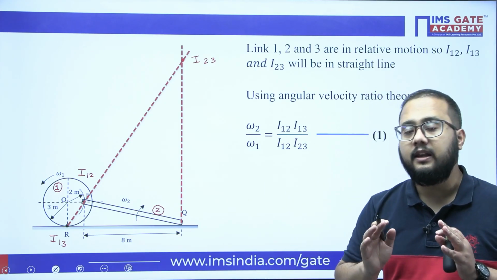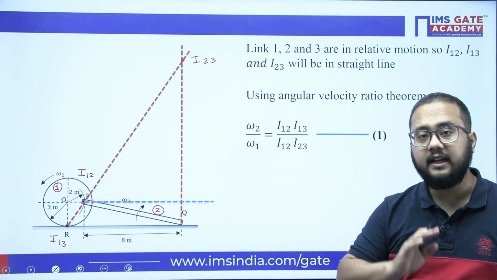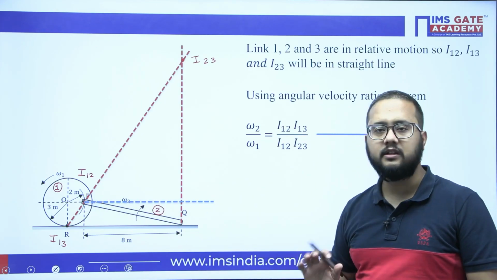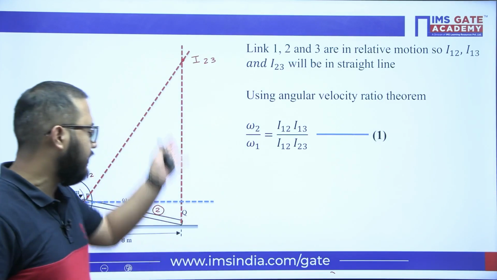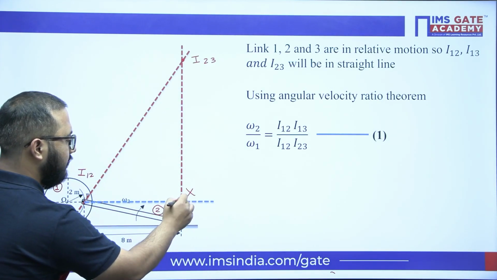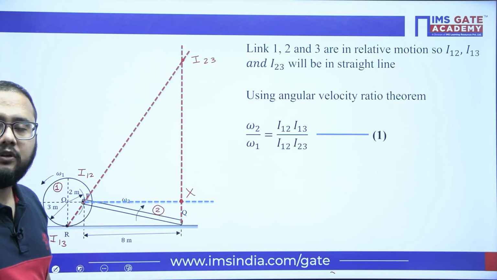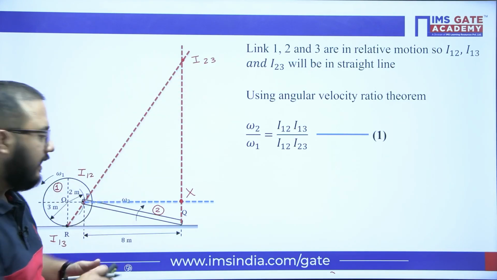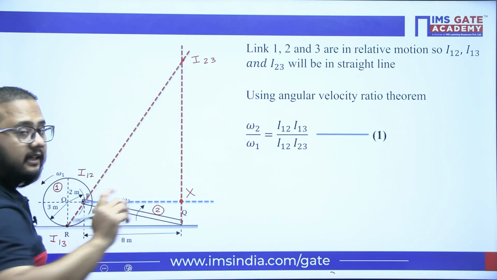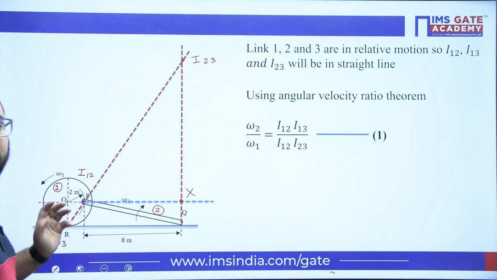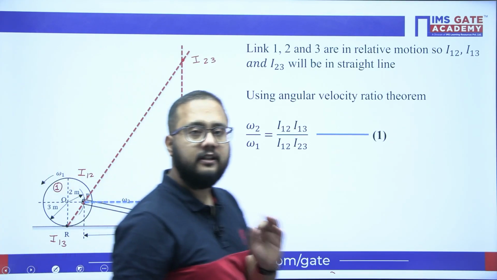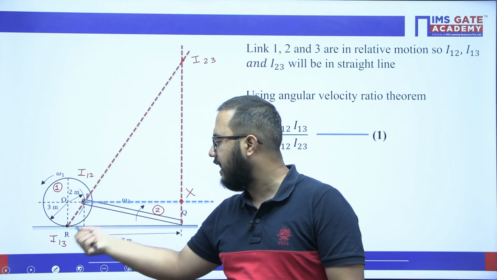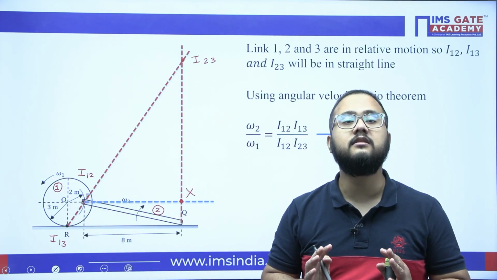Now let us consider this as equation 1 here, right? Now what I will do, let's suppose I draw a horizontal line, and wherever it is intersected by this vertical line, I am considering that point as X. Now if you closely observe the triangle X, P and I23, and another triangle O, P and I13, these two triangles are similar.